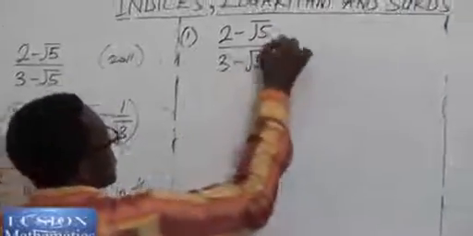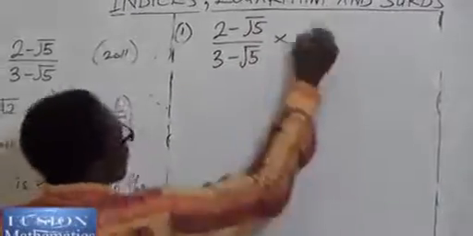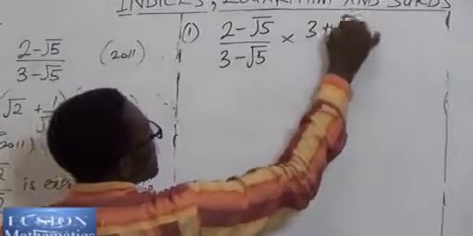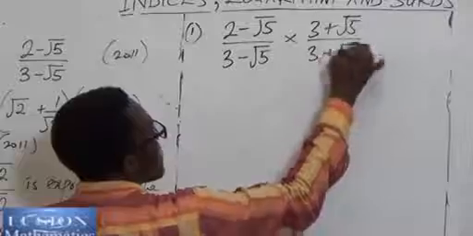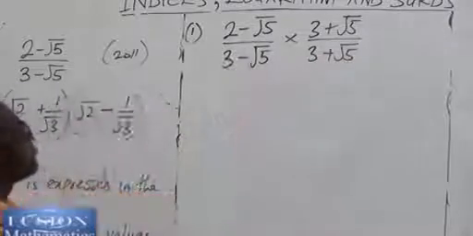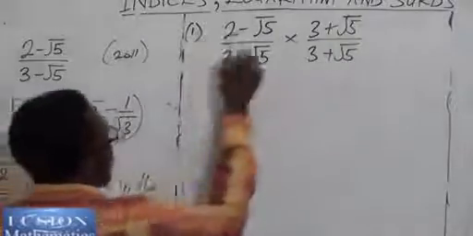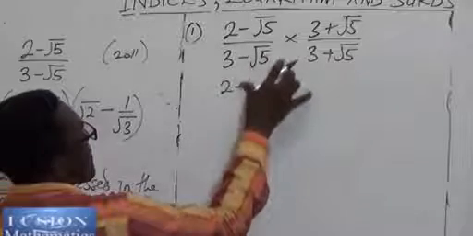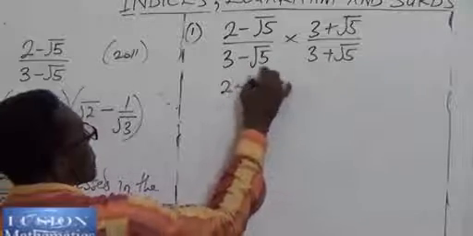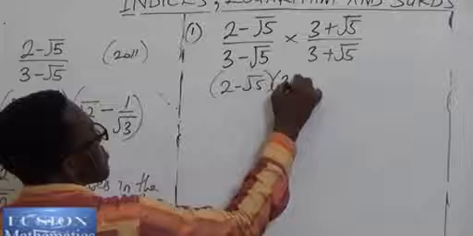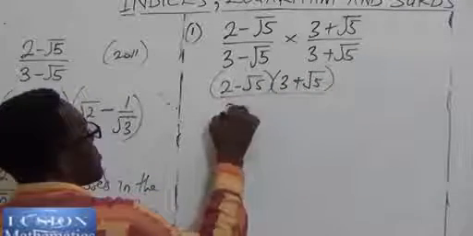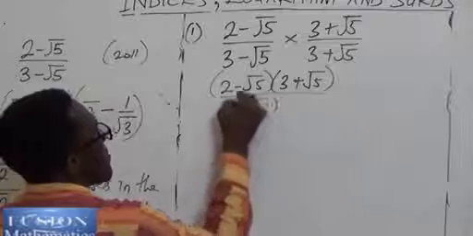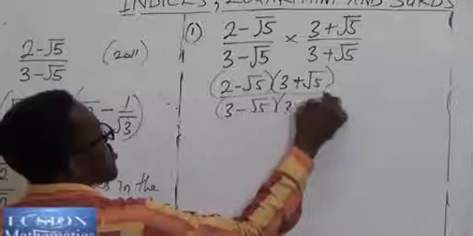Now, the conjugate of the denominator will be 3 plus root 5 all over 3 plus root 5. That is changing this sign. So the numerator will be 2 minus root 5 times 3 plus root 5 all over 3 minus root 5 times 3 plus root 5.